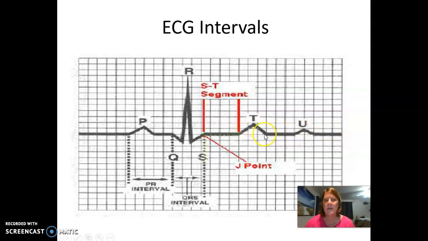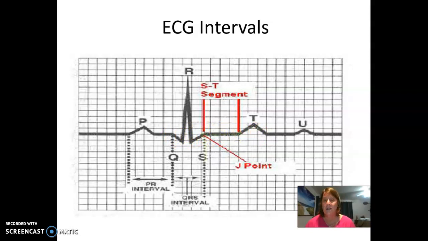And then our T wave is also by itself not a measurement we look at, but the other measurement we measure is from the beginning of the QRS to the end of the T wave, and that's called the QT interval. And the QT interval tells you how long it's taking the ventricles to depolarize and repolarize so it can do it all over again.